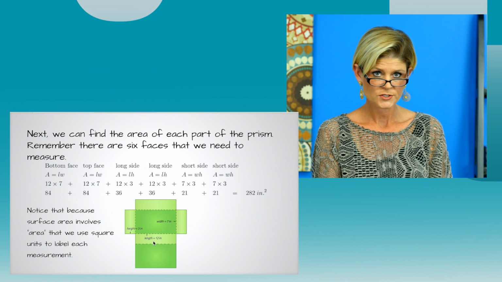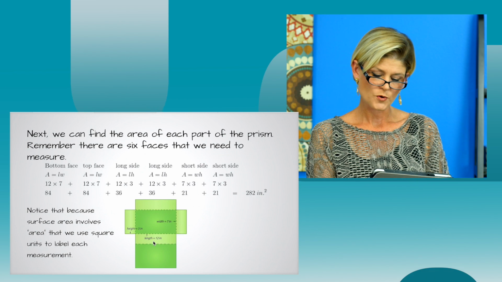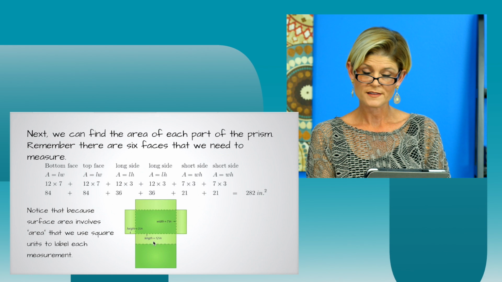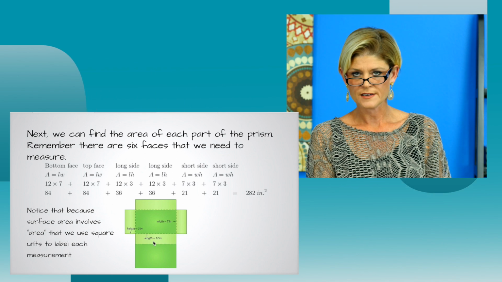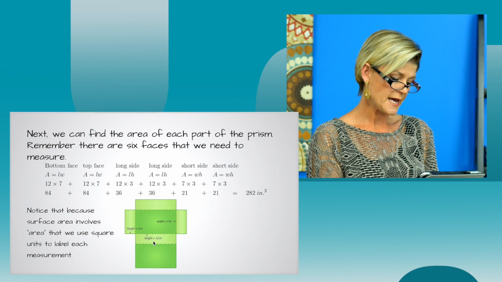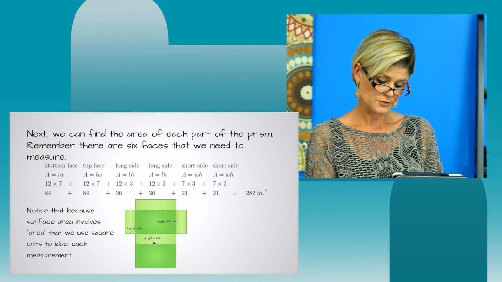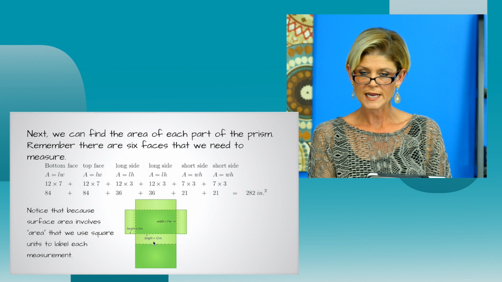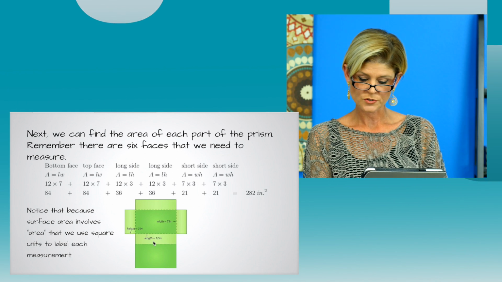So we're going to add 2 36s. Then we're going to do both short sides, which is area equals width times height, which is 7 times 3, 2 times. And so we've got 21. Then we're going to add up 84 plus 84 plus 36 plus 36 plus 21 plus 21, and we get 282 square inches, or inches squared.